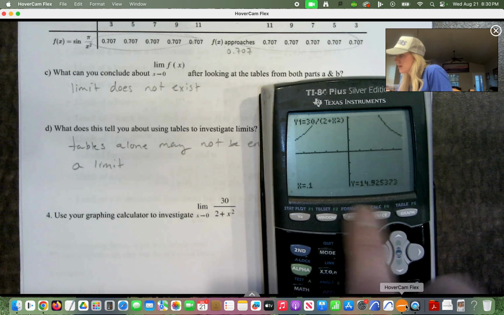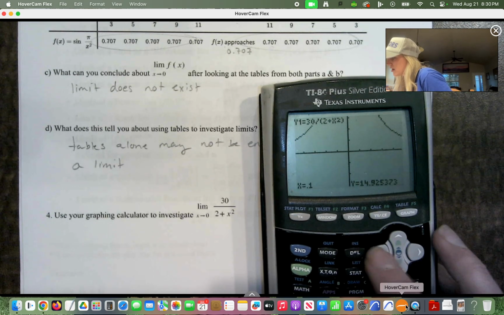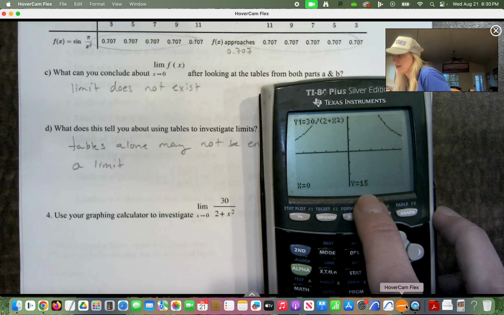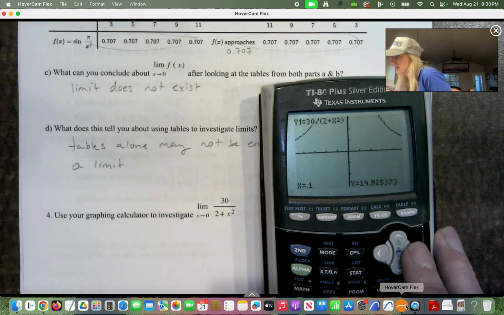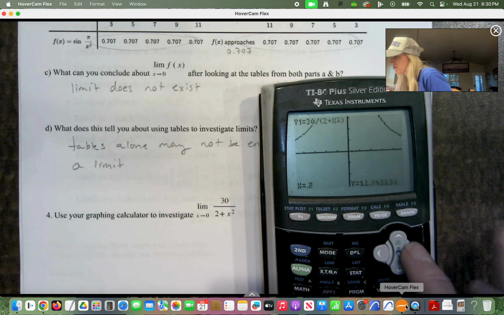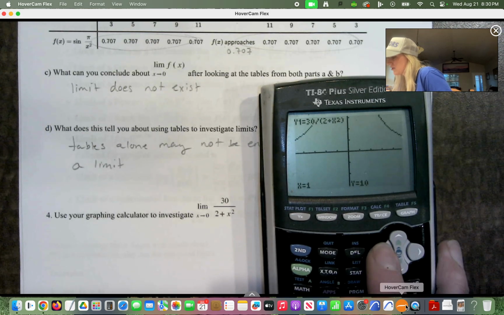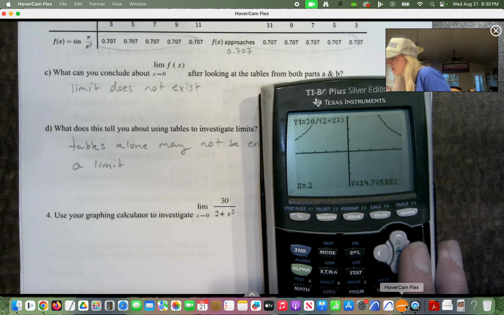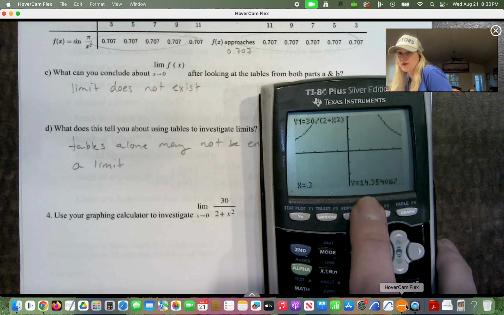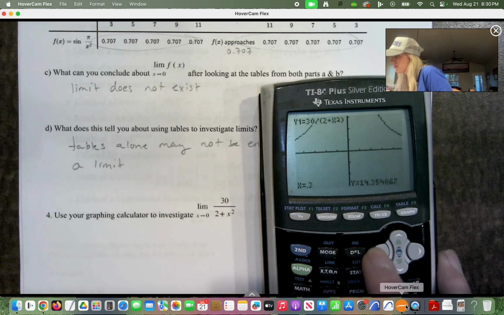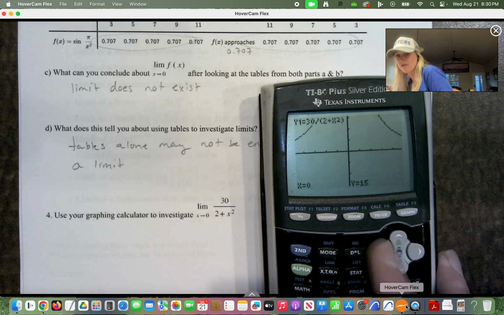So look at my y value as I approach 0, y is crossing at 15. And I'm going to get further and further away. So let's say I start at 1 and I get closer and closer to 0. My values look like they are approaching 15, right? Look at those last couple. There's my y value, 14.3, 14.7, 14.9, 15.